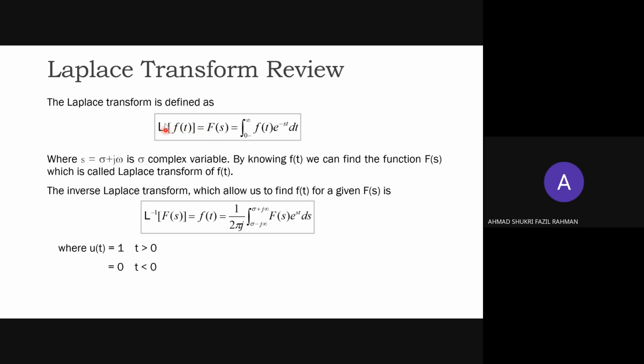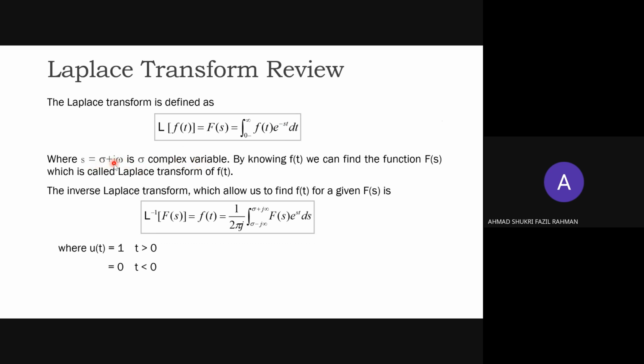Then we transform using this Laplace equation, and it is equal to the integration from 0 up to infinity of the function in time domain multiplied by e to the power of negative st, dt, where s equals sigma plus j omega, a complex variable.